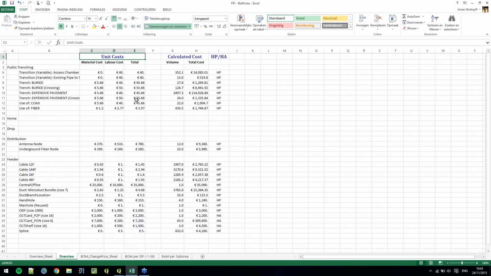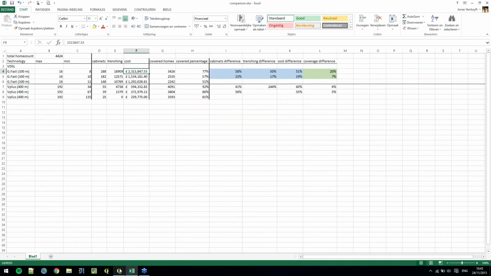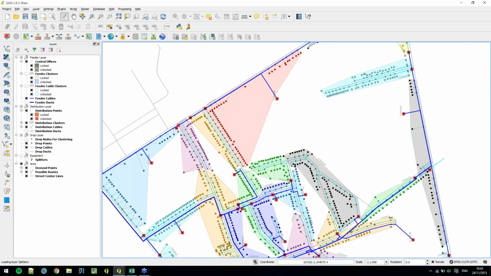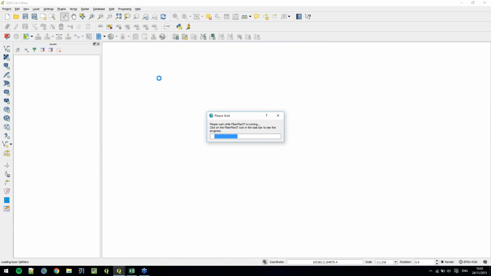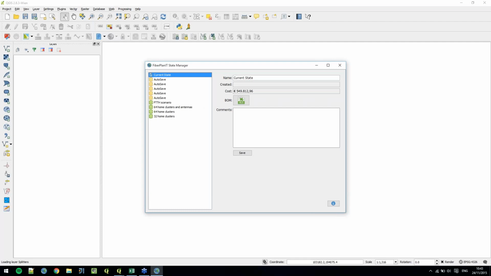This is based also on the unit costs that are needed as input data for the software. And if we look at the other type of scenarios, the design that you saw was for 64 buildings on a new node and the antenna locations. We can also just look at the 64 home clusters.